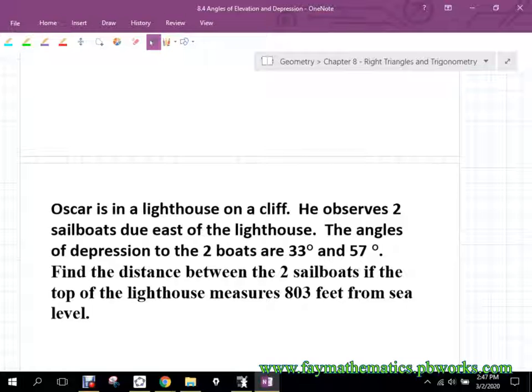But we call that an applied question or an authentic question because there's real life stuff there, right? There's a person, there's a lighthouse, there's distances, sailboats. But at the same time, I think, is that really an application type problem?